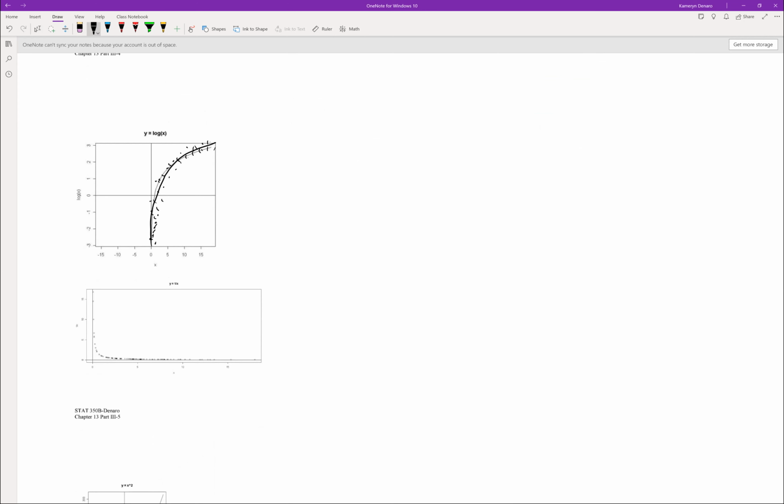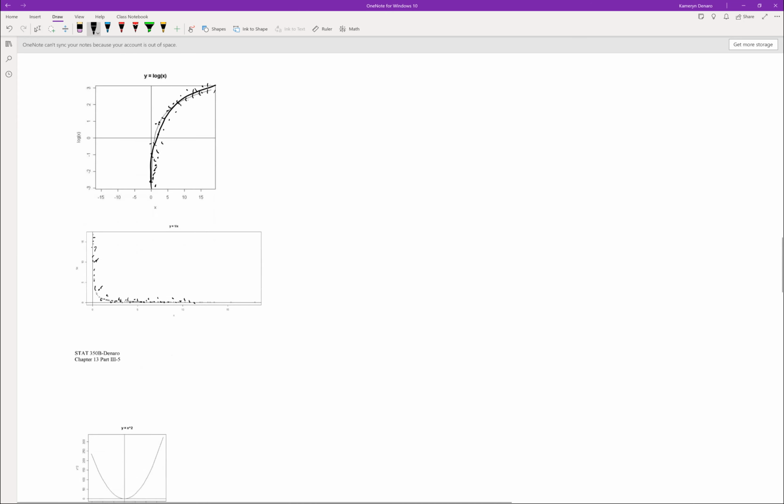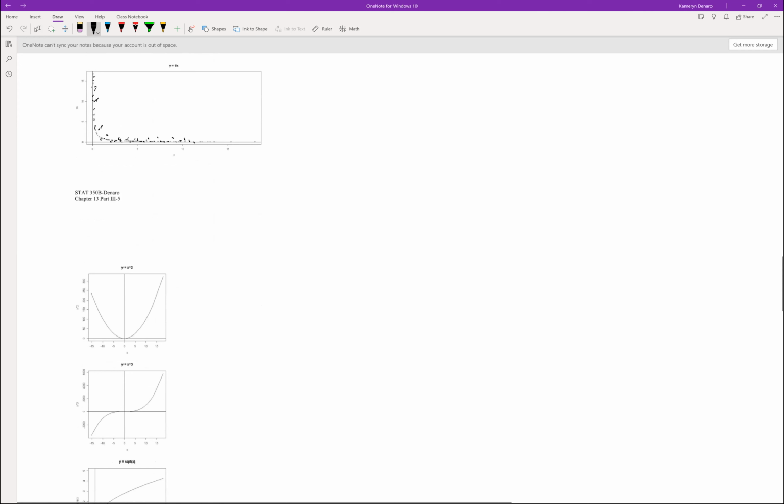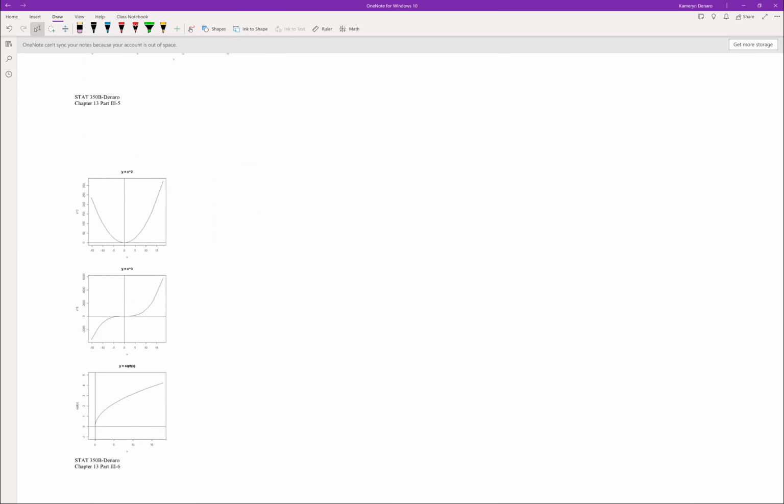If your data looks more scattered in this way, then 1 over x would give you this shape. If your data looks like a parabola, then an x squared transformation might be appropriate.